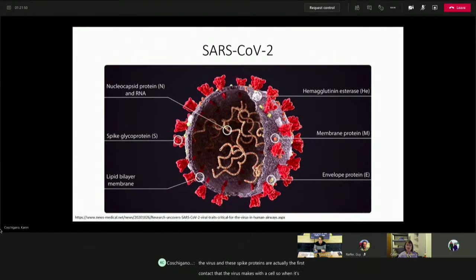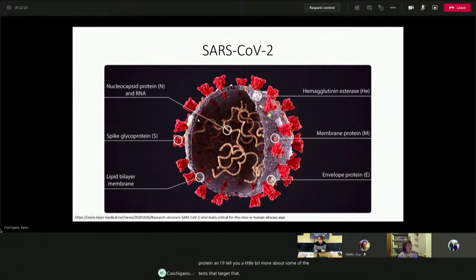When it's going to infect, it interacts with the cell through these spike proteins and binds to a receptor on the cell. That receptor is an ACE2 protein. So that was one thing I wanted to point out, the spike protein. And I'll tell you a little bit more about some of the tests that target that.